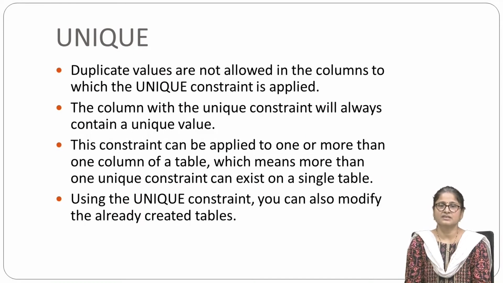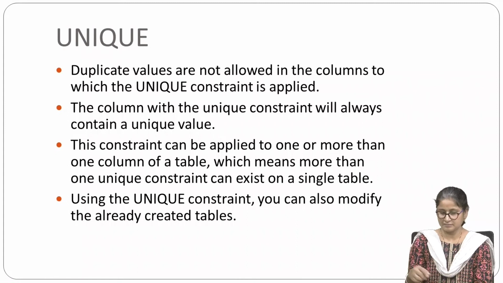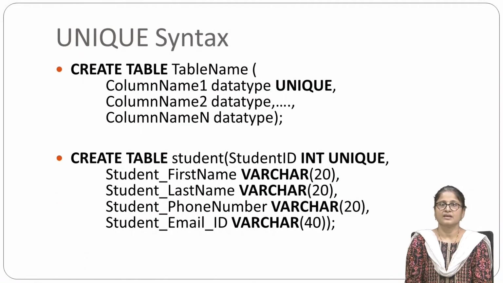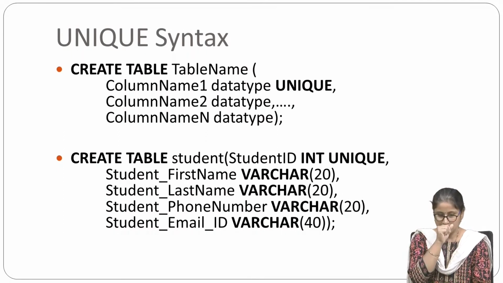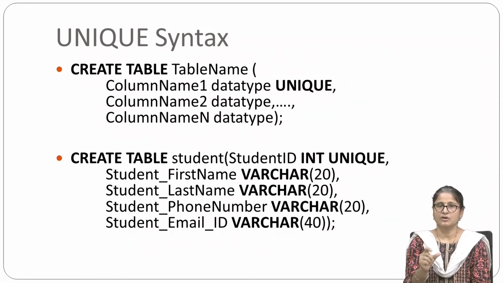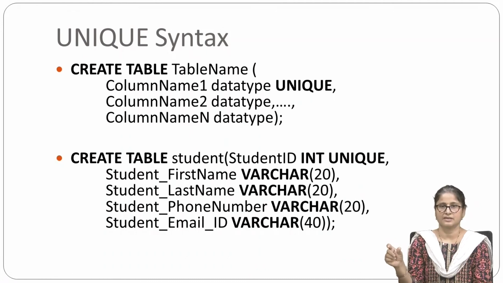This unique constraint can also be used to modify an already created table. Let us see the syntax of the unique constraint. The first one is the syntax for creating the unique constraint while creating the table: create table, table name, column 1, data type, followed by the unique keyword.